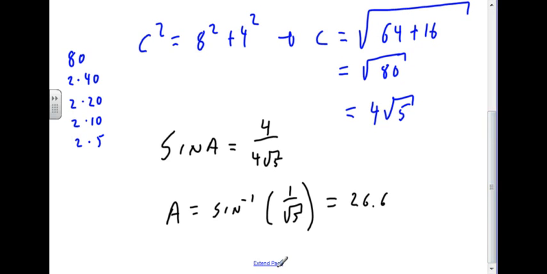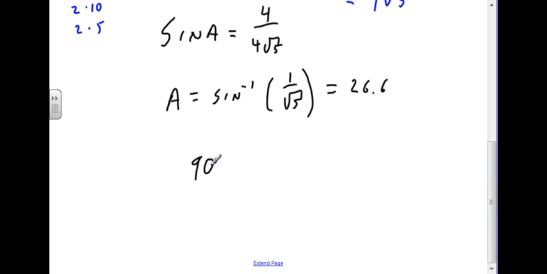At that point we know that 90 plus 26.6 plus angle B has to be 180, because the sum of the angles of a triangle is 180. So B is 180 minus the answer minus 90, and it would have been better just to put in a 90. That gives 63.4.